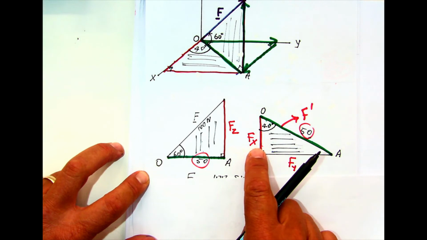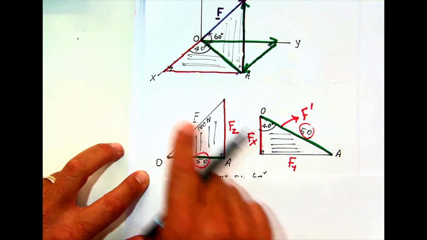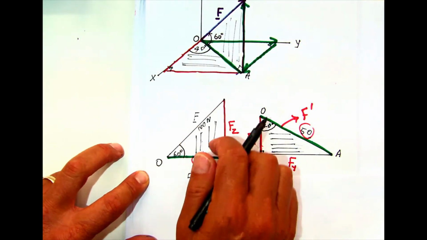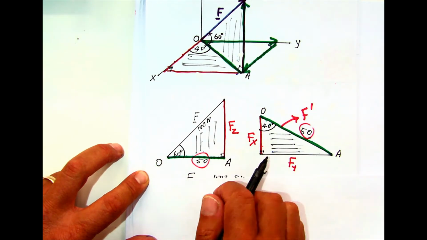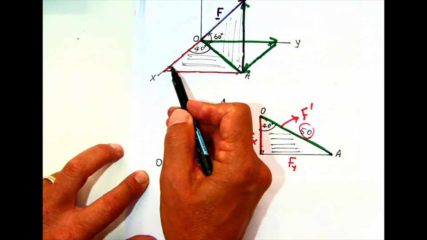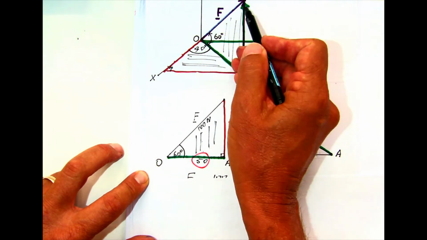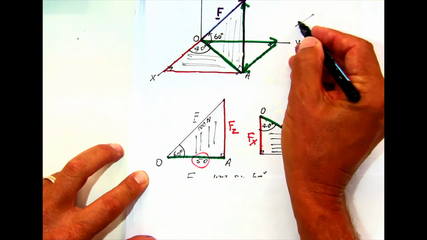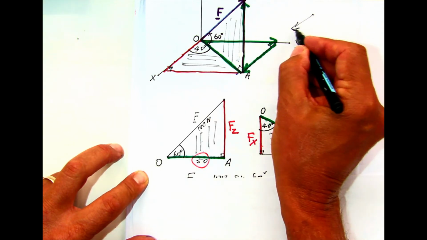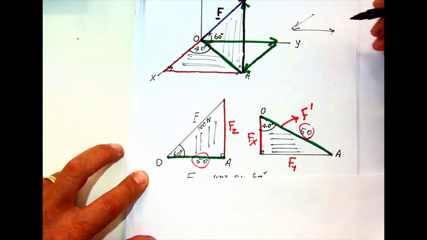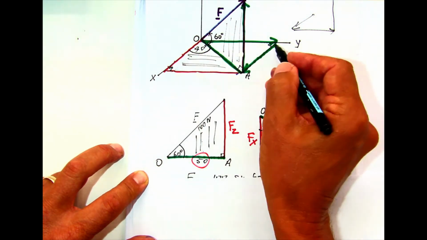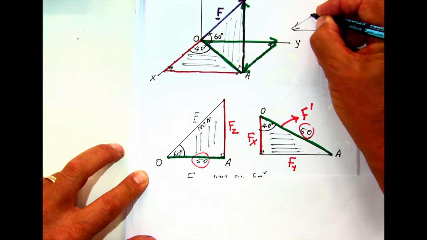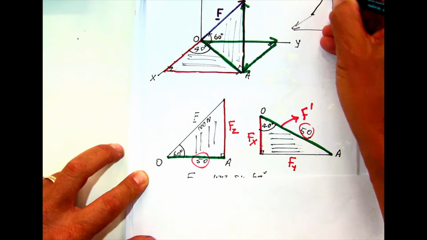And the x component is that side over there, which is this side over here. So here's your x component, y component, z component. So you can say you have an x component, and then you have a y component, and then you have a z component. Those three will give you that force F.